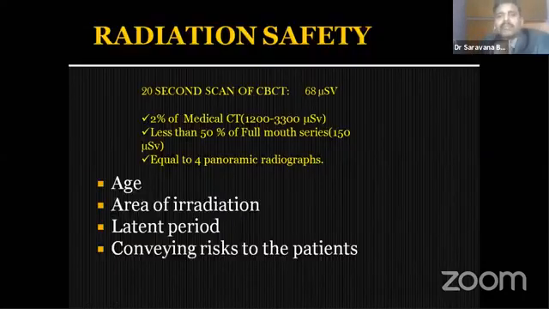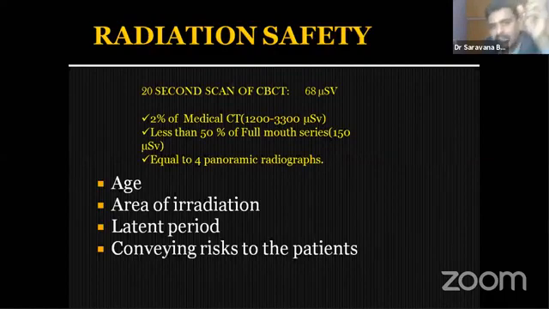So I told you about the shape of the beam, the various anatomical planes, as well as the detector size. The last one is reduced radiation dose when compared to the medical CT. I will tell you just this one.